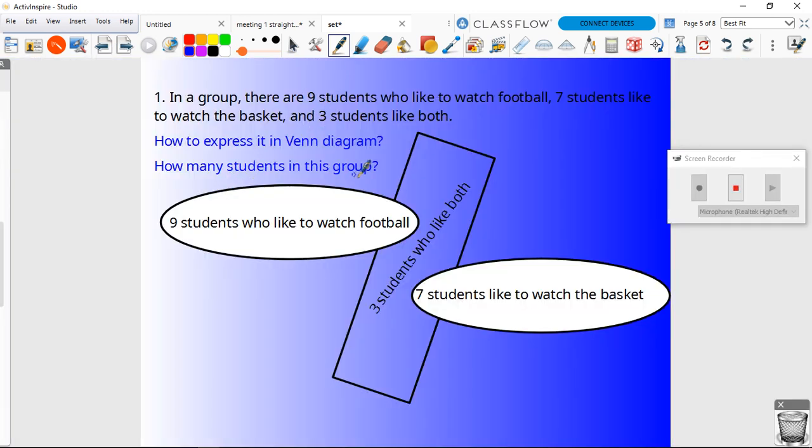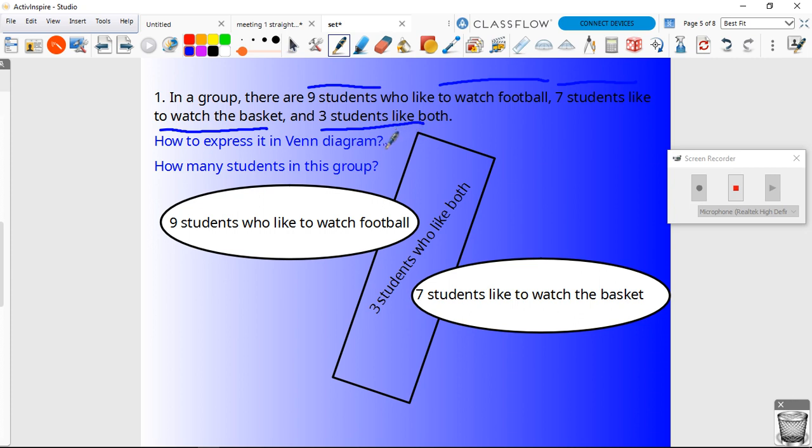Next, I have a problem. So in a group, there are 9 students who like to watch football, 7 students who like to watch basketball, and we have 3 children who like both.